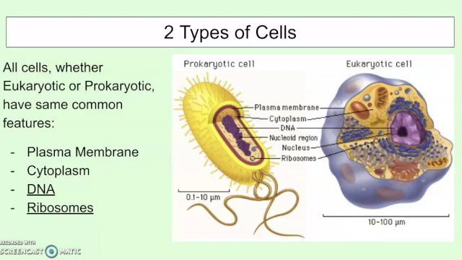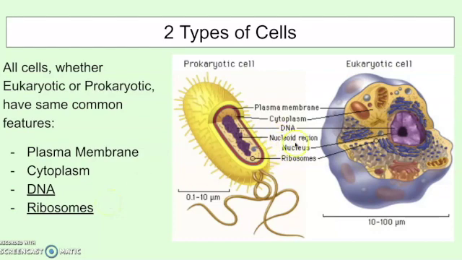Okay, so overall there are two types of cells. They are prokaryotic cells, like below, and eukaryotic cells, like below. All cells, whether they're eukaryotic or prokaryotic, have some common features, which can be seen on the diagram as well. They include a plasma membrane, cytoplasm, DNA, and ribosomes.